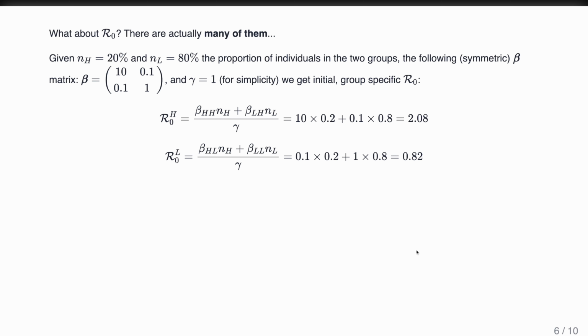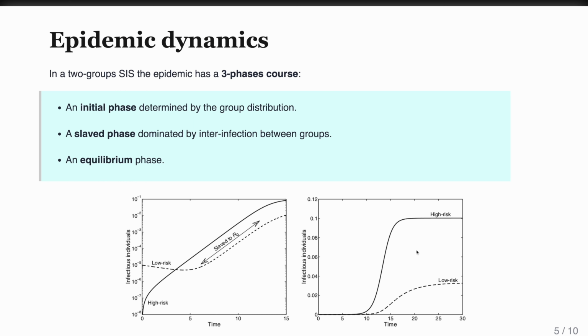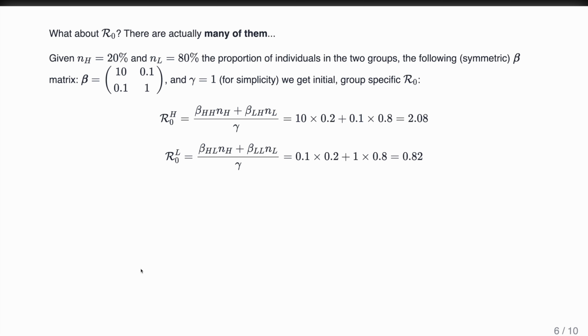So what about R naught? In this case, there are actually many of them. We have the initial R naughts, which are, as we saw before, relative to the initial phases of the epidemic. Let's see how we can compute them. As we said, we have a high-risk group, which is smaller, 20% of the population, and a low-risk group, which is larger, let's say 80% of the population. And this is the transmission matrix.